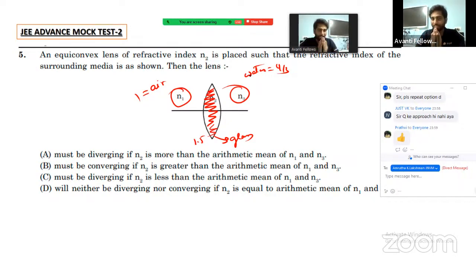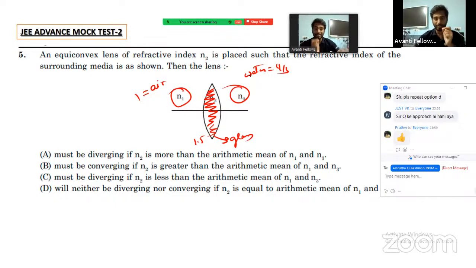Actually, what does a convex lens do? If I place this convex lens in air, and any ray of light is incident on it, it will converge, because the refractive index of the surrounding medium is less than that of the lens. That's why it acts as a converging lens.